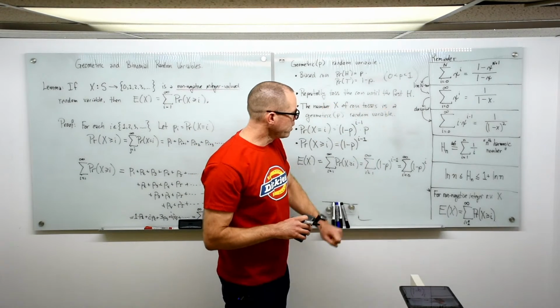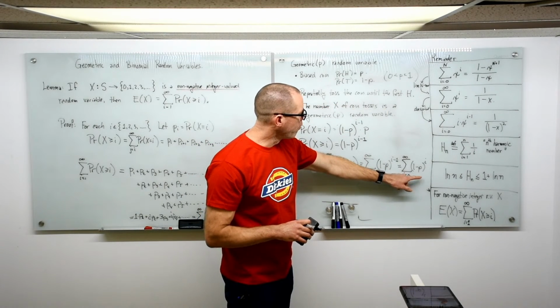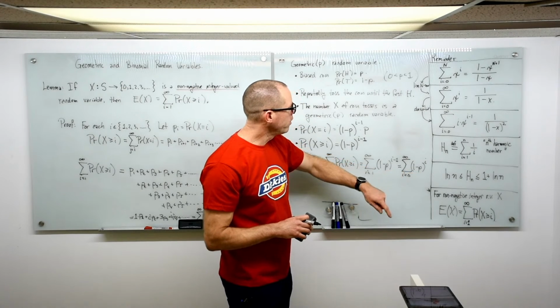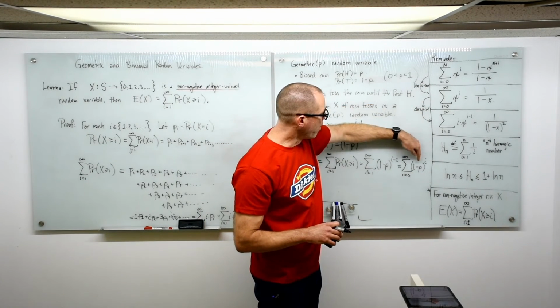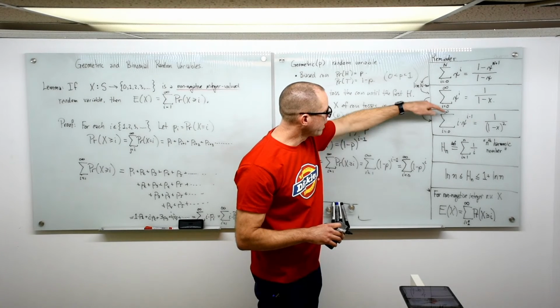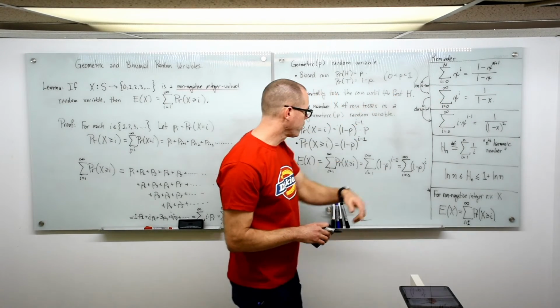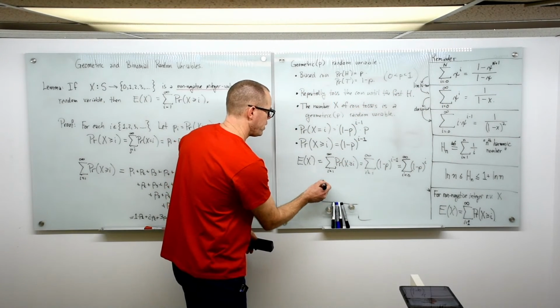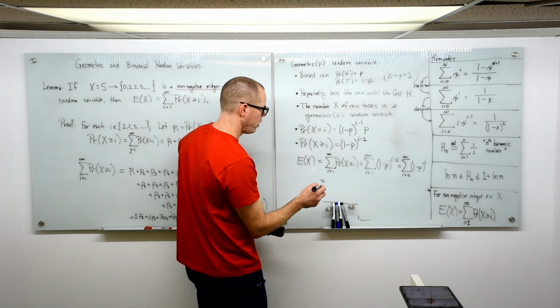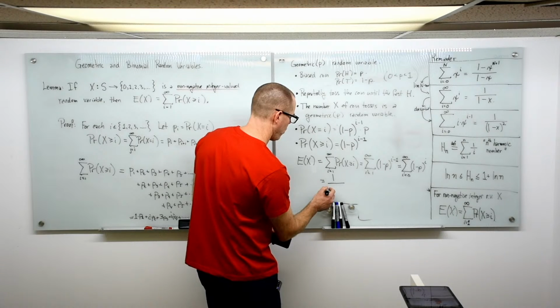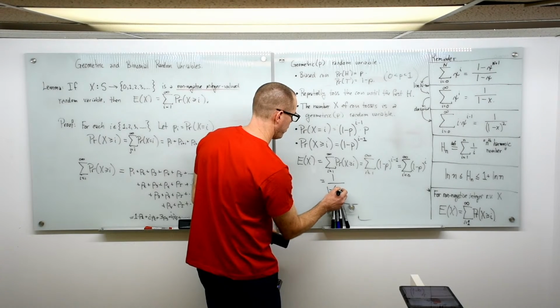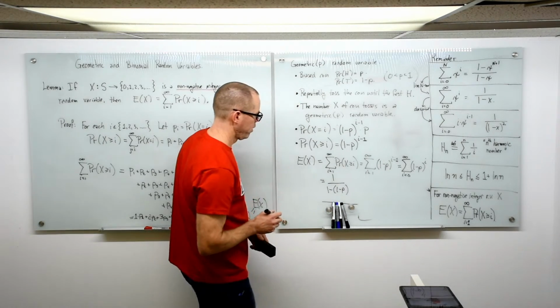So if p is between 0 and 1, then what we have is this geometric series here, right? So 1 minus p is between 0 and 1, so that's our x. So this tells us that the sum of that geometric series is 1 over 1 minus 1 minus p, right?